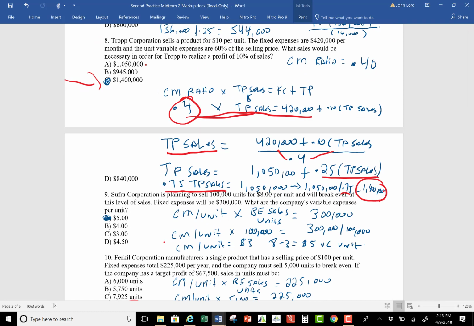Distributive law of math. If you divide two numbers in a fraction by 0.4, you have to distribute that division to each one of those. Just like if I was multiplying each side by 0.4, I'd multiply each item by 0.4, right? If I'm dividing by 0.4, then I divide each item by 0.4. 420,000 divided by 0.4 is 1,050,000, right?